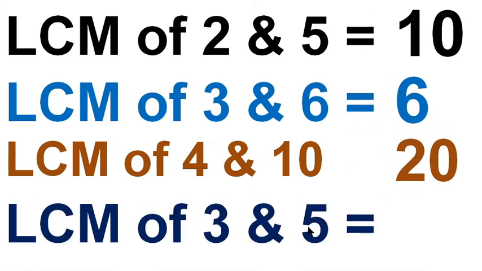Here 3 and 5, greater is 5, but 5 is not divisible by 3, so we will make 5 double, it will be 10, and 10 is not divisible by 3, so we will make it 5 times 3, it will be 15, and 15 is divisible by 3, so our LCM is 15.